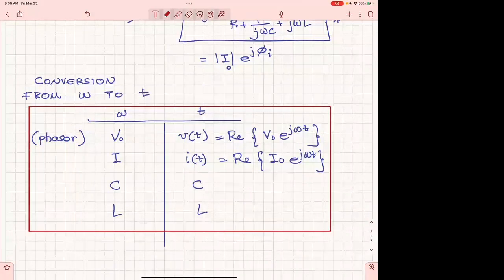And now, having said that, we are ready to start looking at ways to transmit AC power that is excited by a harmonic source. We will try to find ways to transmit this power from one point in place to another.